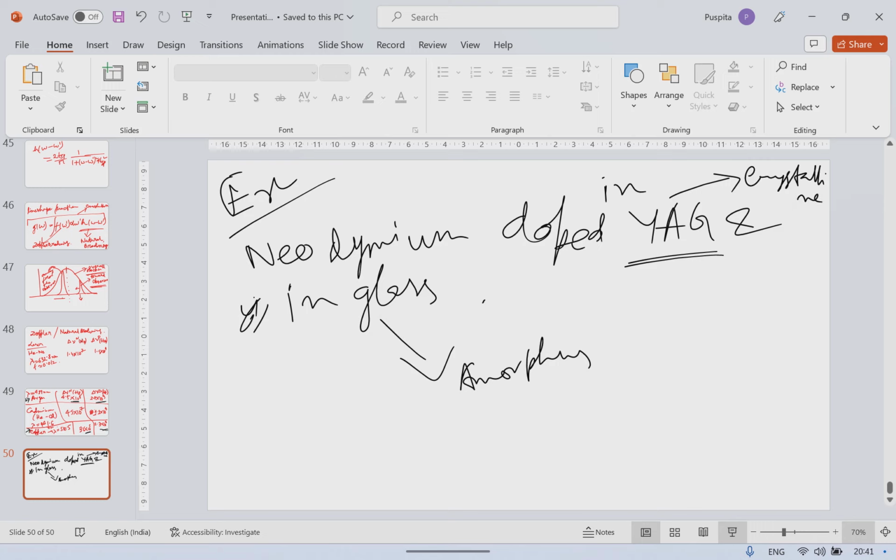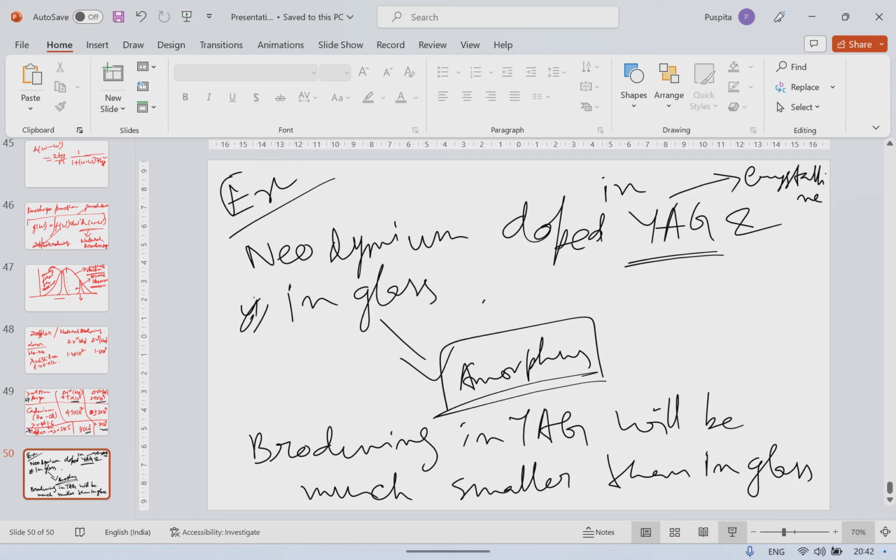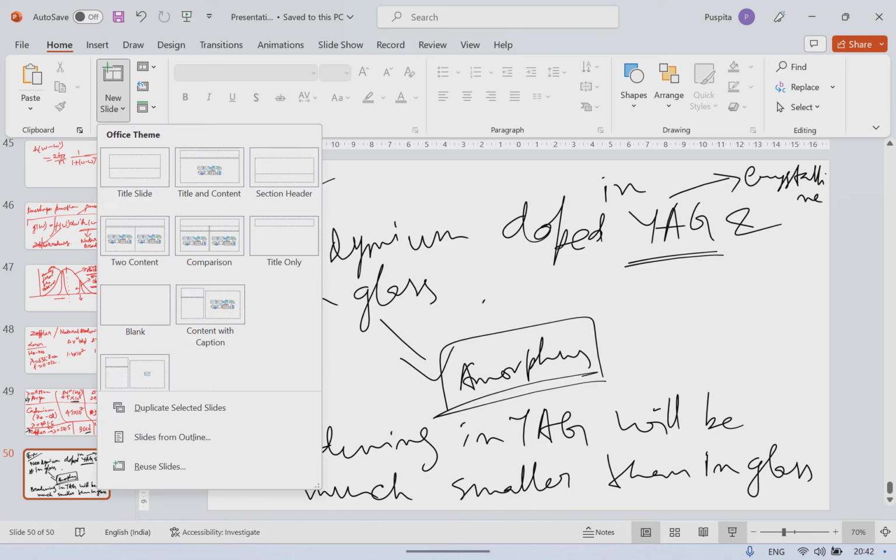Okay, so the broadening in YAG will be much smaller than in glass, because the amorphous structure will also cause one kind of extra broadening.